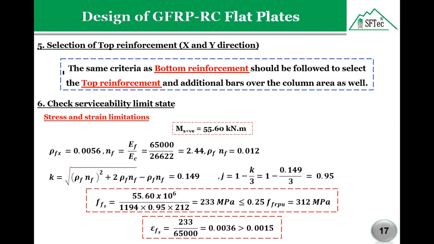So here we are using the same criteria as I explained for the bottom reinforcement in order to select the top reinforcement. And we are going to add additional bars over the column, as we did for the bottom reinforcement, if it requires to be added.